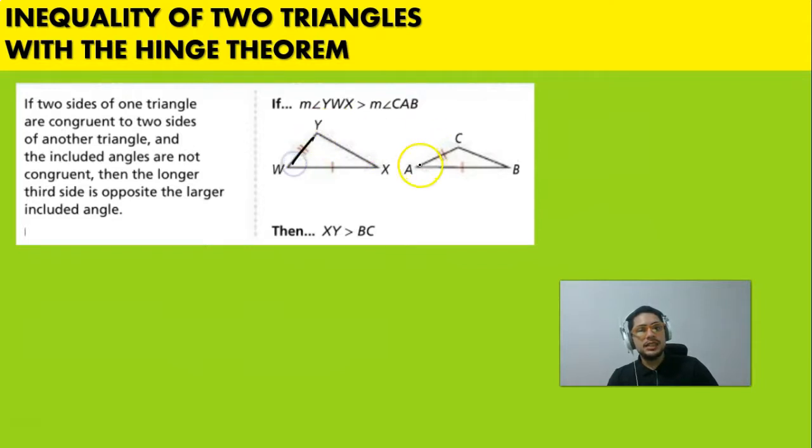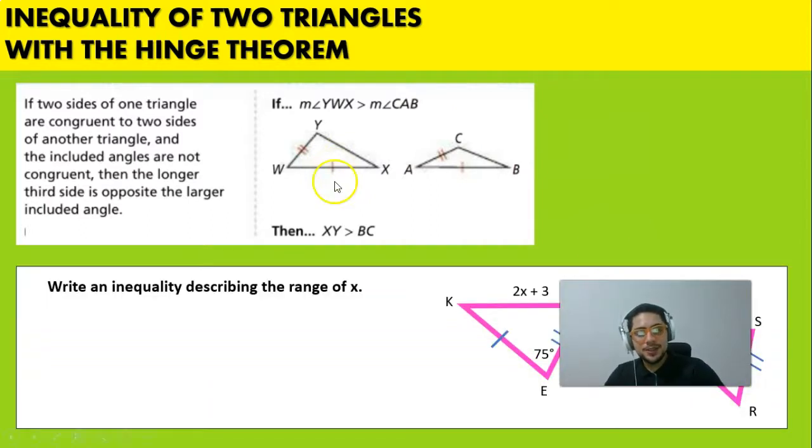Then you are left with the included angles. So the side opposite the highest included angle is also going to be higher than the other side. That is what we call the Hinge theorem.